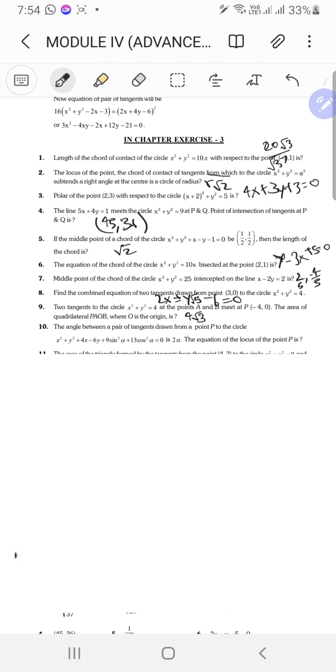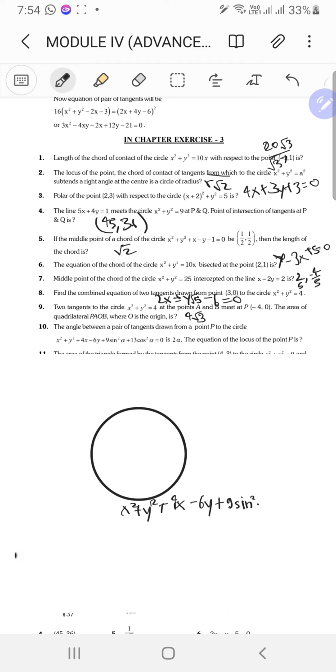Okay, the equation of the locus of the point. I think we only need the distances, right? Yes, we only need the distances, because I think P is going to be lying in another circle of a bigger radius, right? So you got a circle. This circle is x squared plus y squared plus 4x minus 6y plus 9 sine squared alpha plus 13 cosine squared alpha equal to 0.